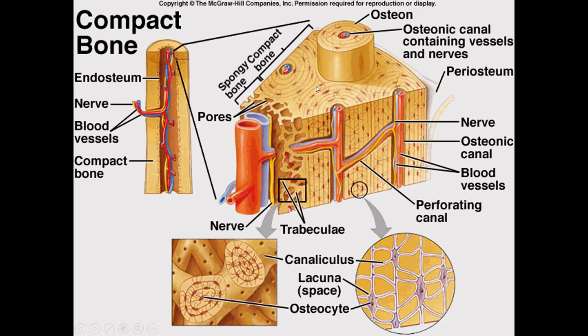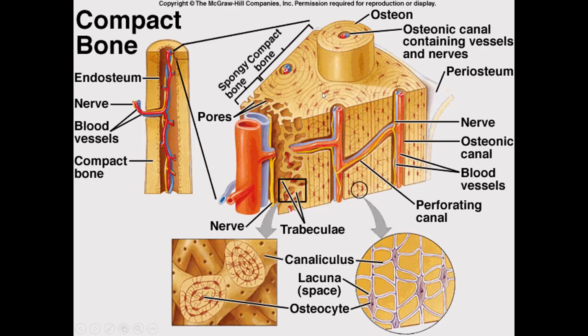Now, the living bone cells are contained in these dark spots here, the lacunae, and we have canals that allow the blood vessels to migrate through the bone. We have the central canal or Haversian canal here, and we have little tiny canals called canaliculi. And those are these little lines that you see here.